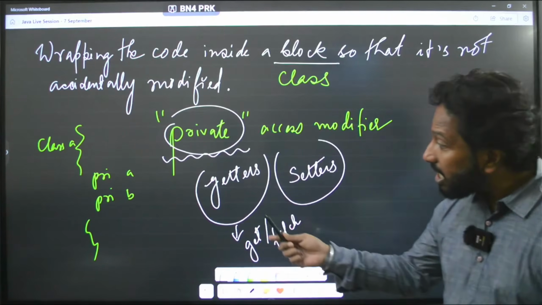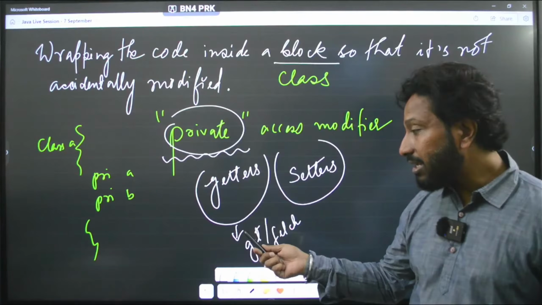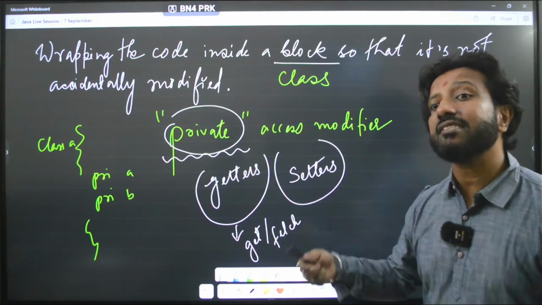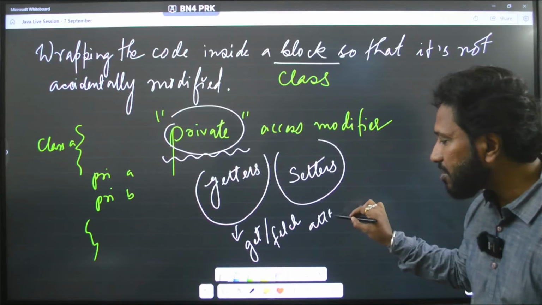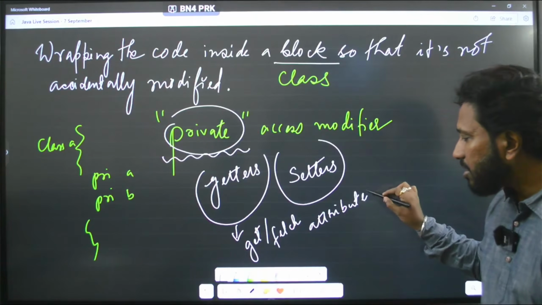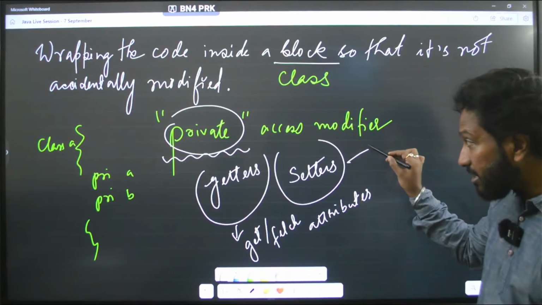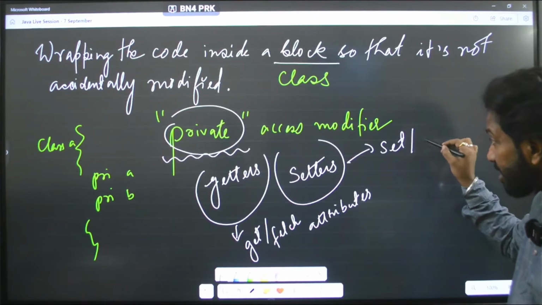As I said, getters are actually something that get or fetch something. So you can say get or fetch the attributes. Similarly, setters are there to set or assign attributes.